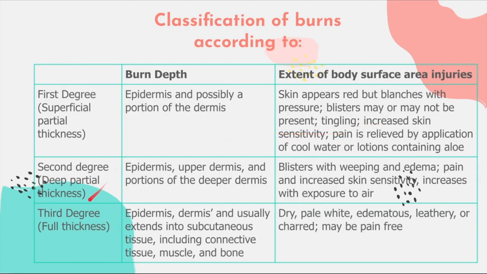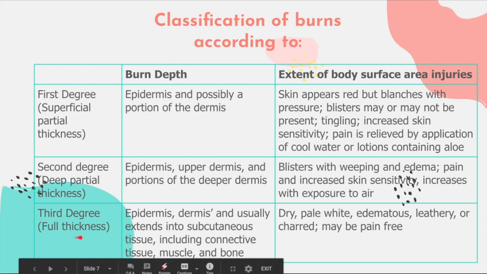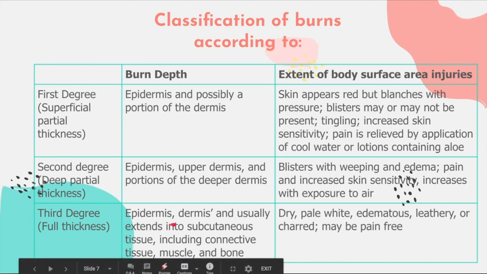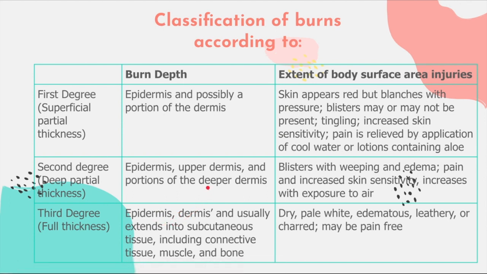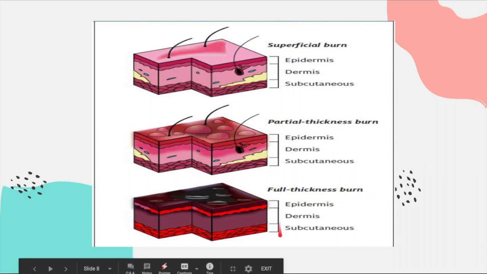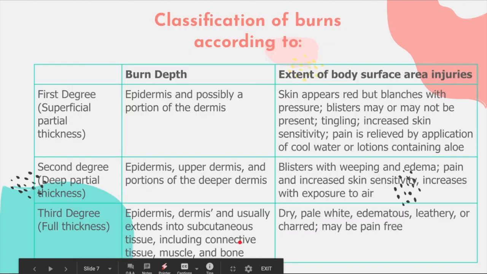Next is the 3rd degree burn, or full thickness burn, with the burn depth of the epidermis, the dermis, and usually extends into the subcutaneous tissue, including connective tissue, muscle, and bone. In this diagram, for the full thickness burn, you can see that the epidermis, dermis, and subcutaneous tissue have all been affected by the burn.